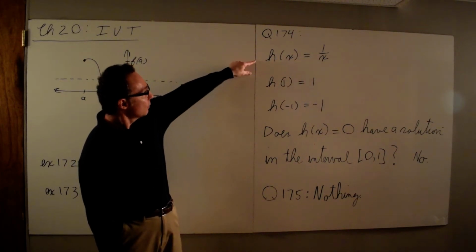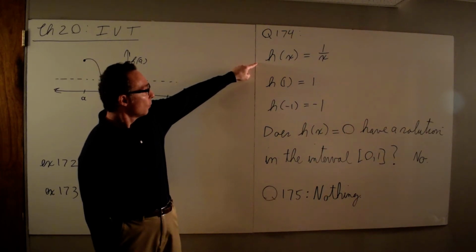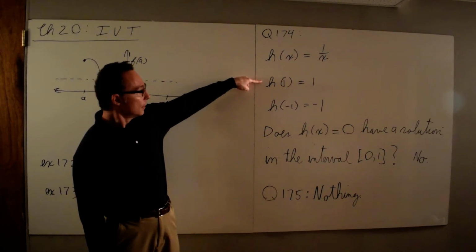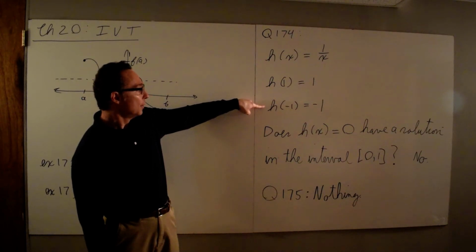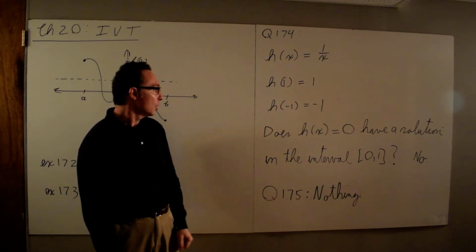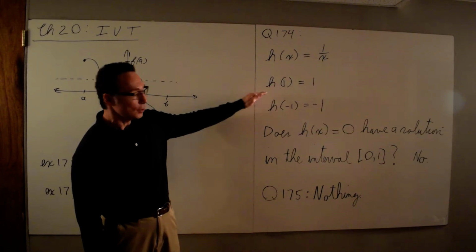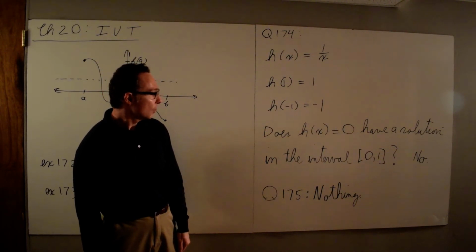If we let h of x be 1 over x, we can notice that h of 1 is 1, h of negative 1 is negative 1, and if we just decided, oh, we'll use the intermediate value theorem to show that h of x is 0 someplace, what happens?